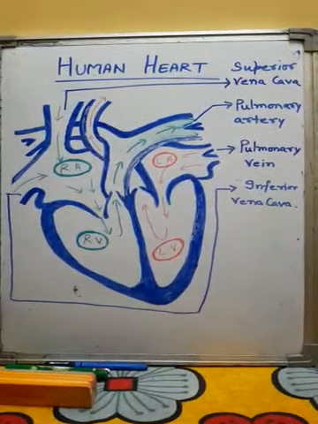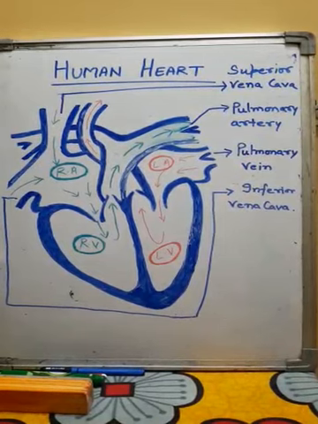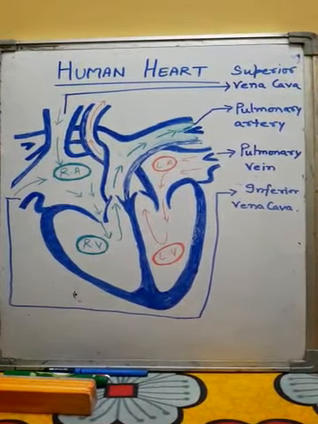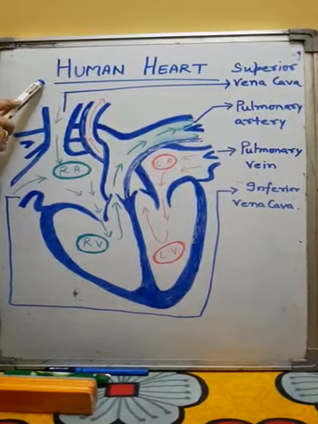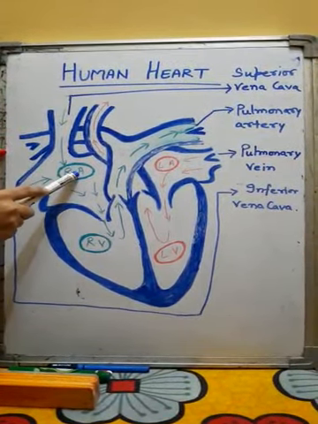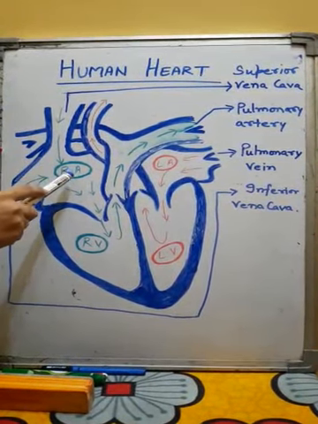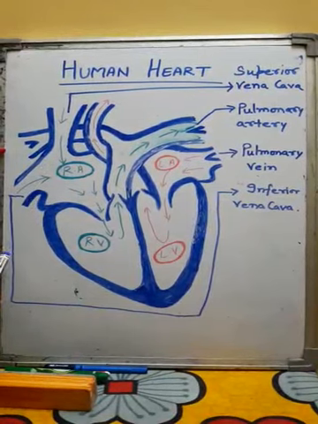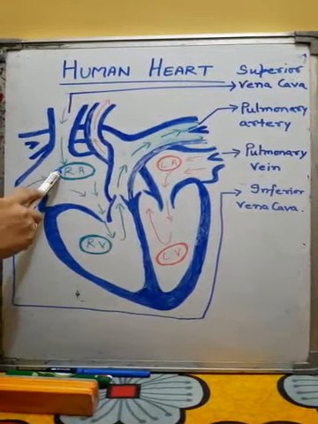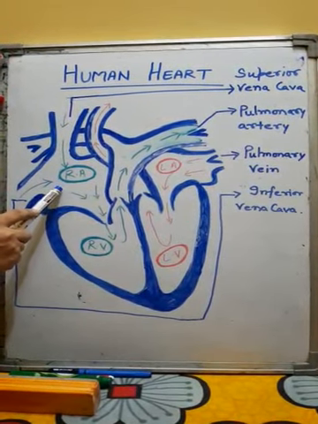This is all about the working of the human heart. Now, just to recall once, deoxygenated blood from body parts enters the right auricle through the superior vena cava from the upper part of the body and through the inferior vena cava from the lower and middle part of the body.